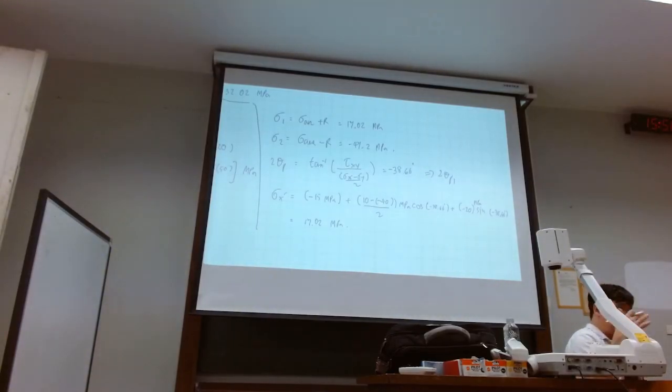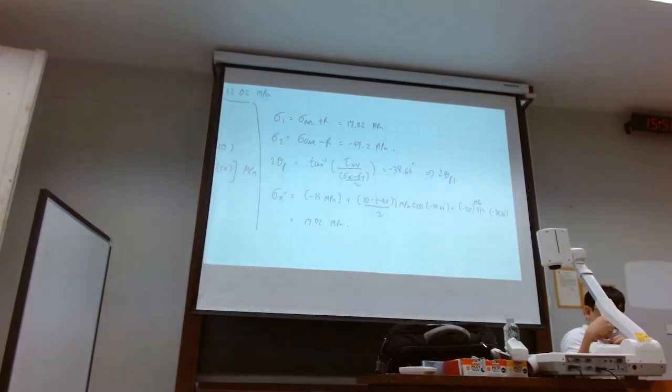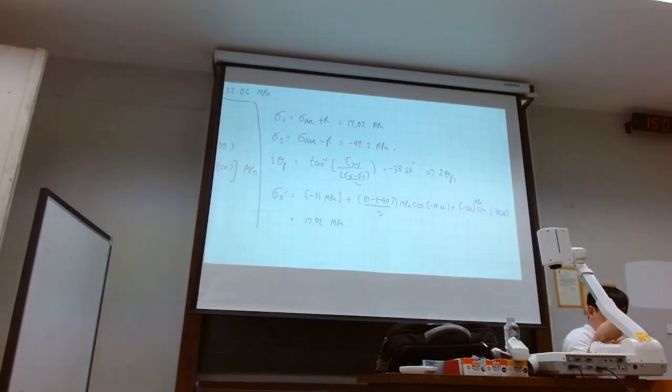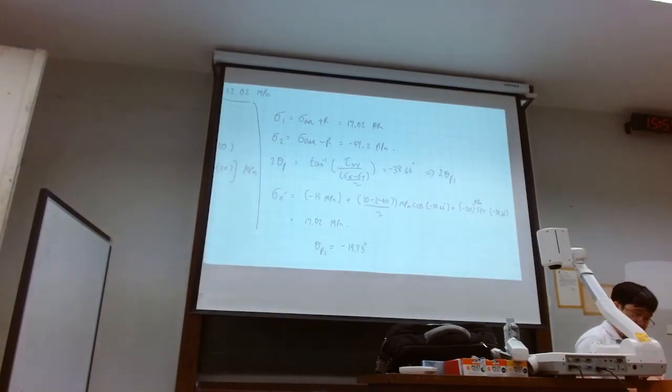We do the substitution so that we know that after the substitution, the value that you got is the maximum. Sometimes, you know, when you do the arctangent, you might get theta P2. So this is a process that you have to go through. So it means that theta P1 is going to be minus 38.66 divided by 2, so minus 19.33 degrees.